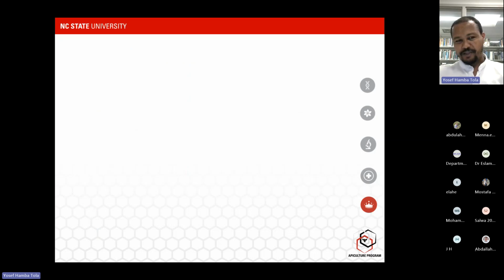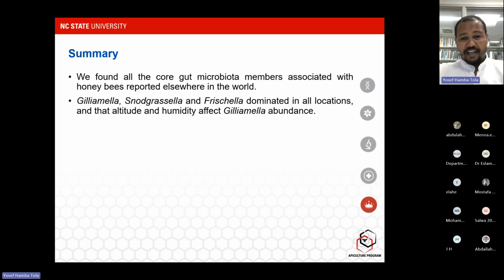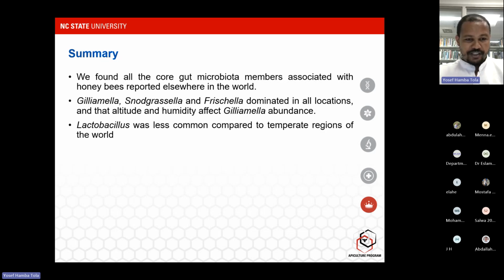So these are my two findings, or research conclusions, and I want to summarize these studies as two: honeybees and stingless bees. In all the honeybees, we found microbes associated with honeybees that are reported elsewhere in the world, and the most dominant genera are Gilliamella, Snodgrassella, and Frischella, while Gilliamella really varied across locations and also correlated with humidity and altitude.